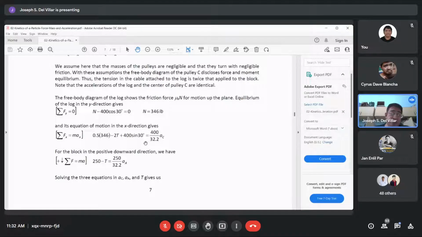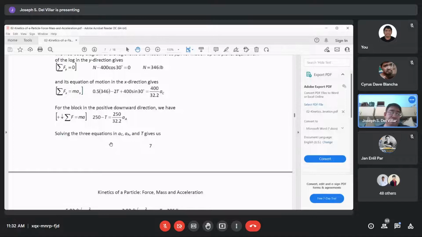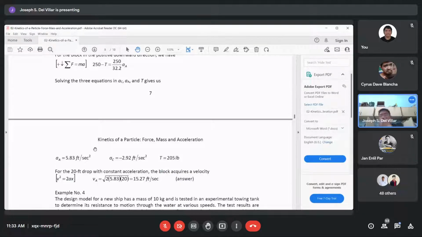Then substitute it into the other equation. Any questions so far?